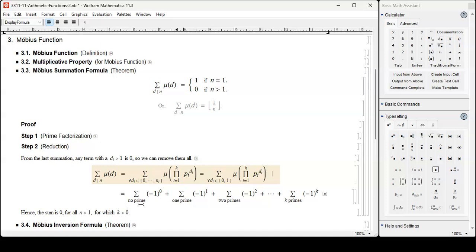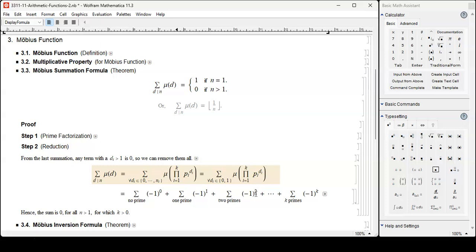Well, you can rewrite it like this. For no prime with power 1, -1 to the 0 power, and then one prime factor out of those k, -1 to the first power, 2 prime factors and the others all 0, -1 to the second power, you see?